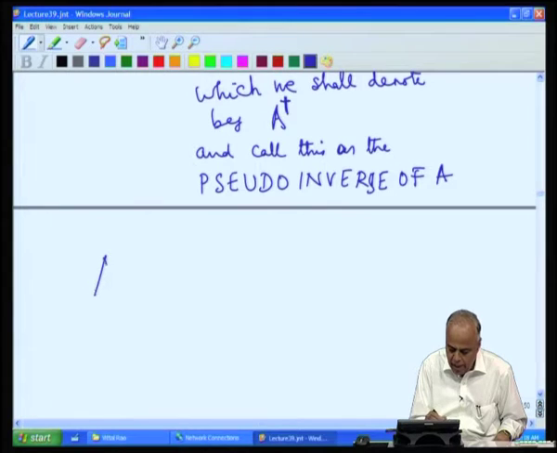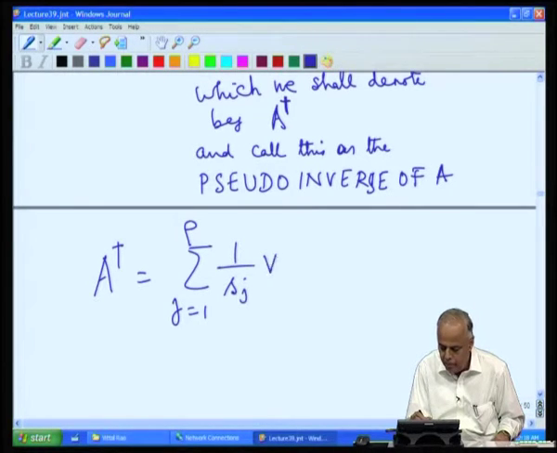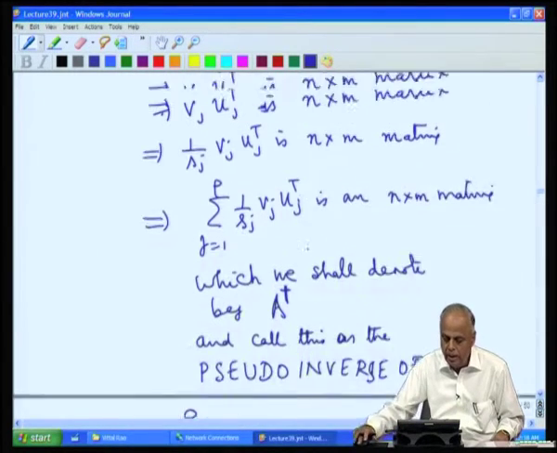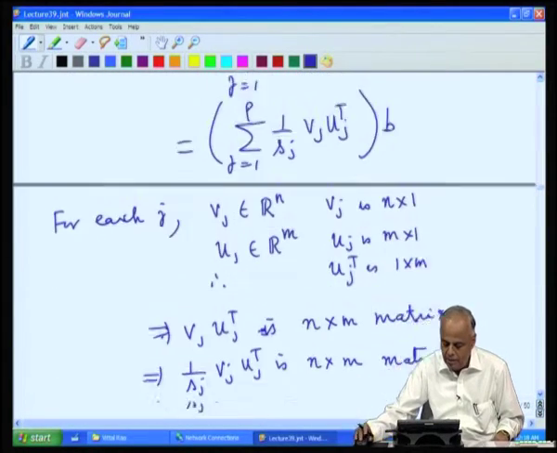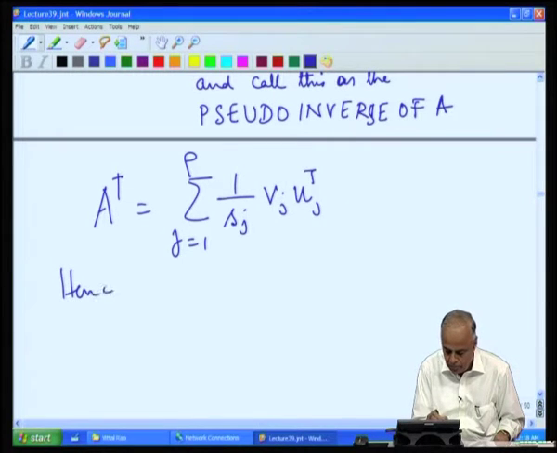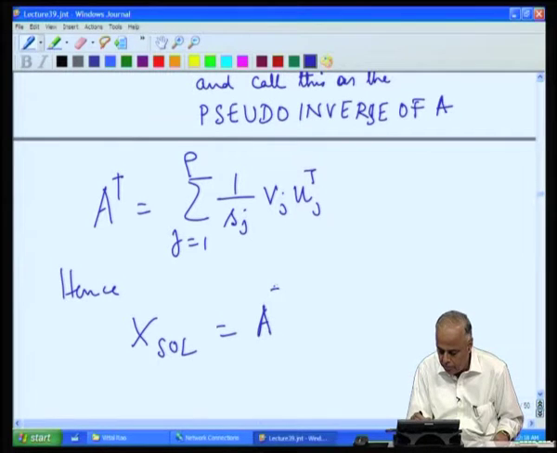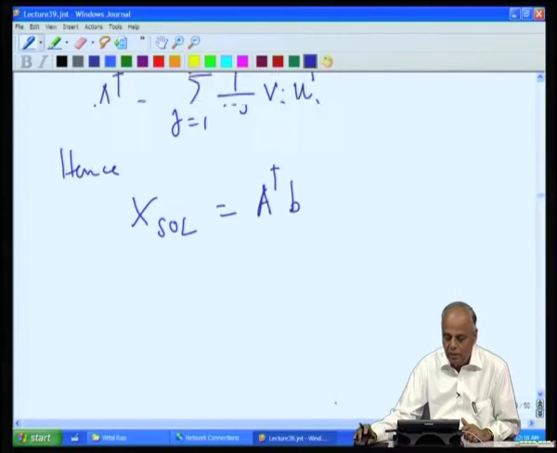So, we have A dagger is equal to summation j equal to 1 to rho 1 by S j V j U j transpose, and hence this entire x sol can be written as x sol equal to A dagger B. So, what does all that mean?